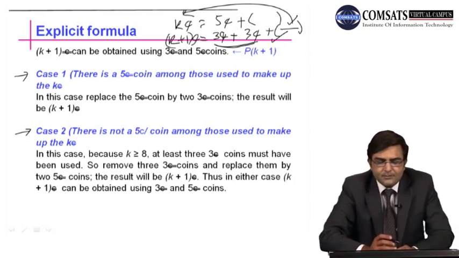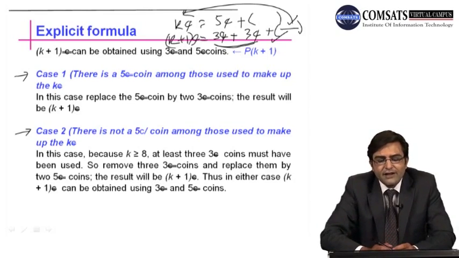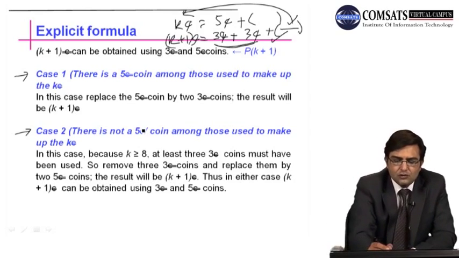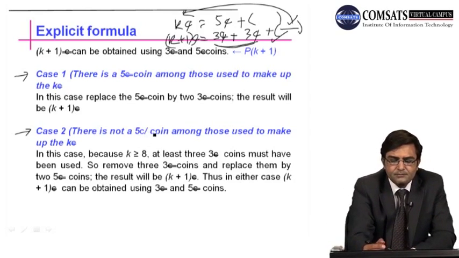Now case 2 is if there is not a 5-cent coin among those used to make up the k cents.